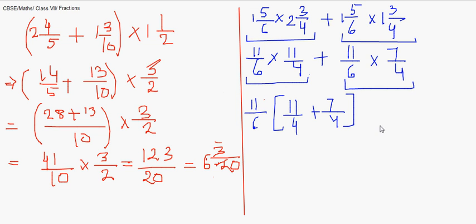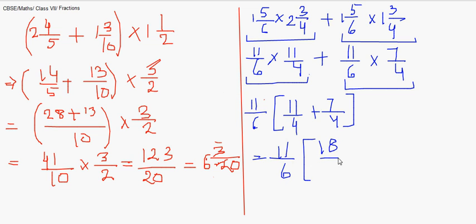See, it is always easier and suggested to take common, because that way your task will be reduced. Otherwise you'll multiply both the numerators and denominators and then find the addition part. The ones within the bracket are like terms, so it is easier for us to find the sum.